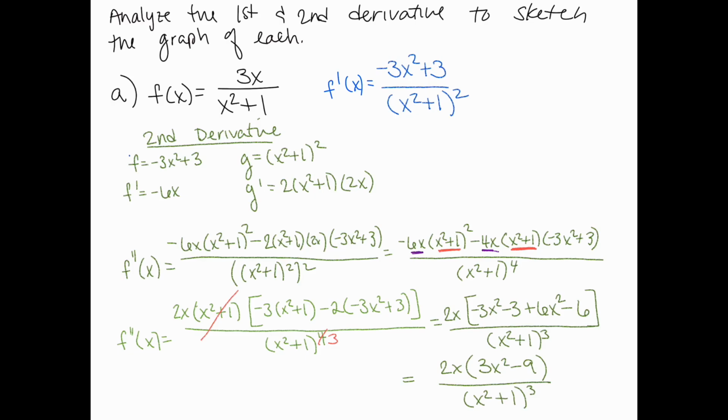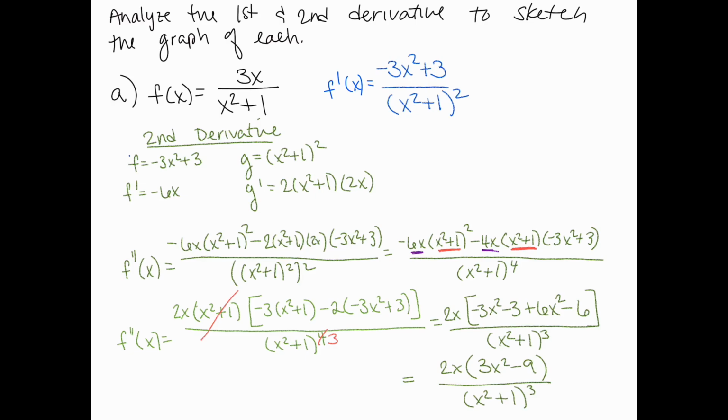And then if I cancel an x squared plus 1 out of the bottom, we used to have 4, now we've got 3 left over. So I'm left with (x squared plus 1) to the 3rd. Okay, finally, inside those brackets, I'm going to combine like terms, and so that's how I end up with this second derivative that is 2x(3x squared minus 9) over (x squared plus 1) to the 3rd.